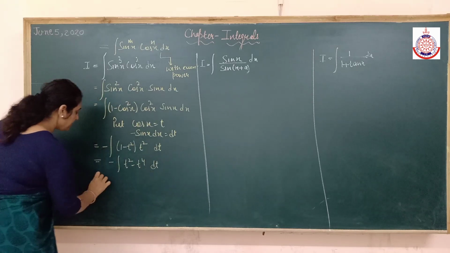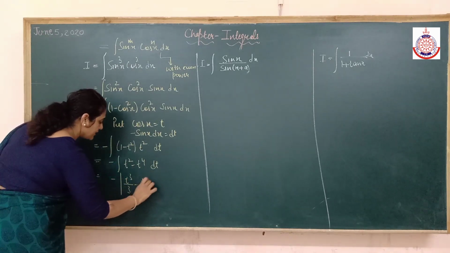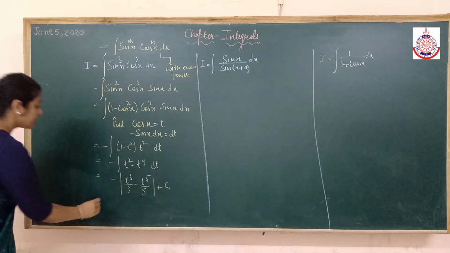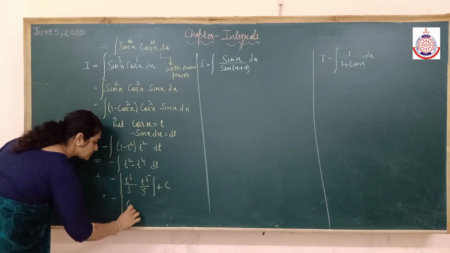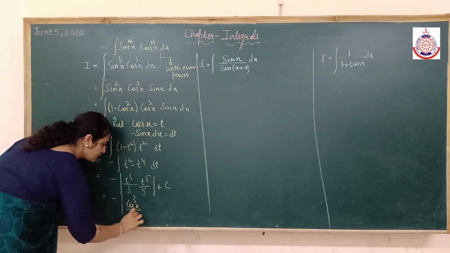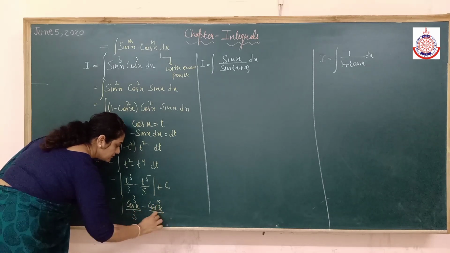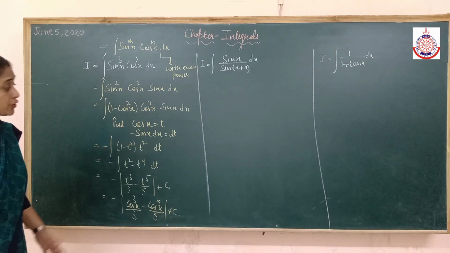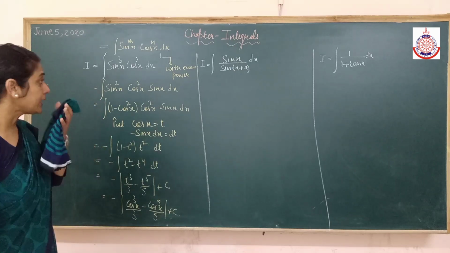Now it has become a simple question of variables. So we increase the power by 1 divided by the increased power plus c. So put the value back. Alright, this is what you all have to do. Clear? Clear to everyone? Alright.